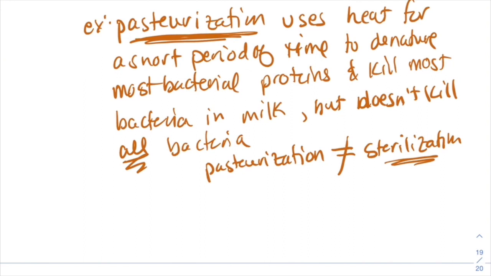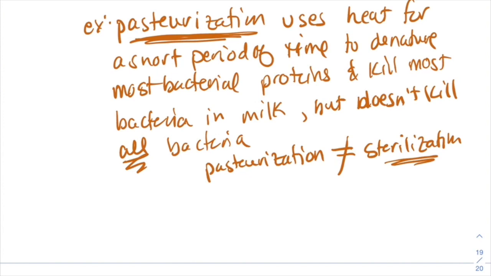For example, there are boxed milks that you can buy that have been pasteurized for a much longer period of time, and they actually have been sterilized. So that milk in a box that you buy on the shelf, I think the brand is Parmalat, it is sterilized, okay, because that's been heated up for a longer period of time.